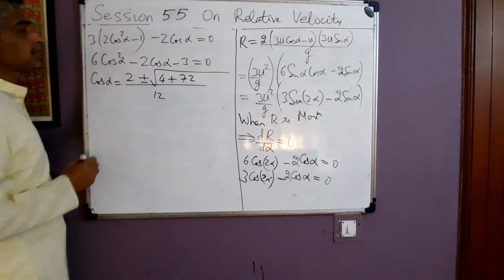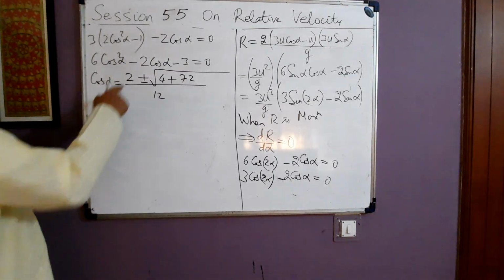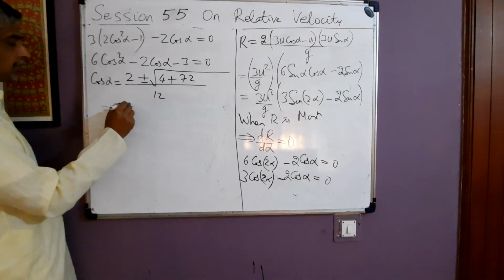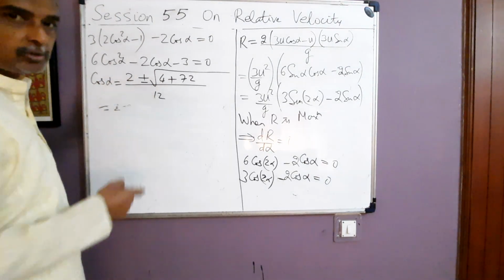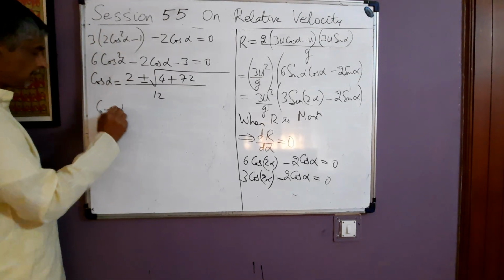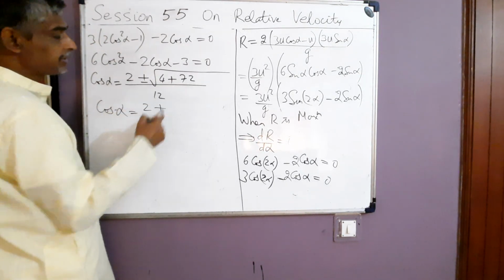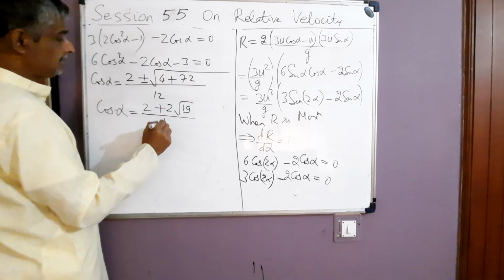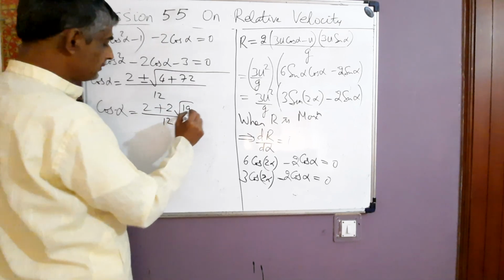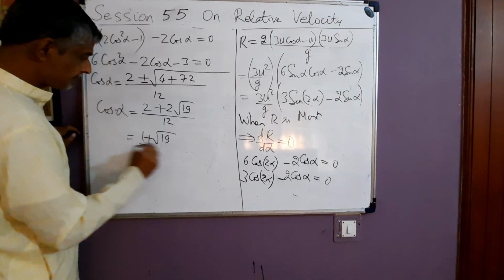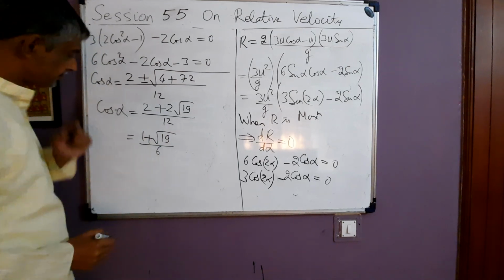Since alpha is acute, cos alpha is positive, so the negative root is rejected. So we get 2 plus root 76, that is simply 2 root 19, by 12. So this becomes 1 plus root 19 by 6.